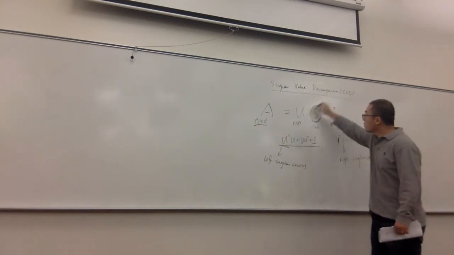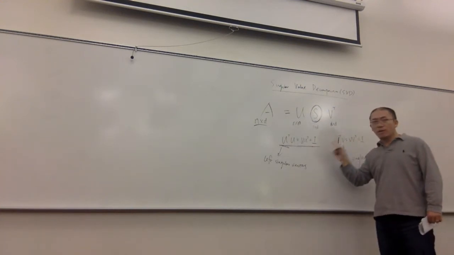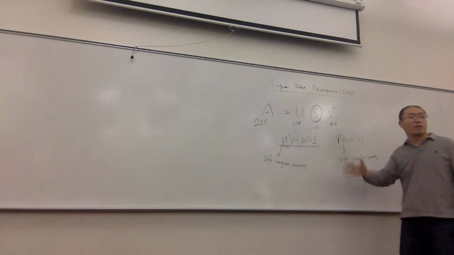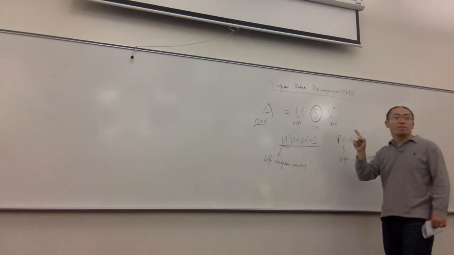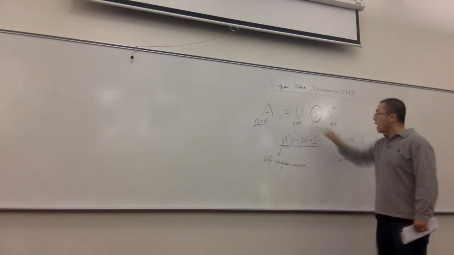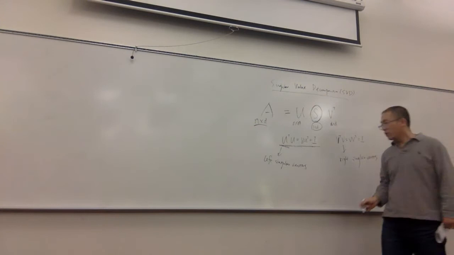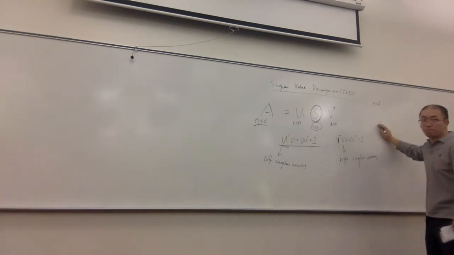Then let us look at the matrix in the middle, S, a diagonal matrix. As the name suggests, diagonal means that all off-diagonal elements are 0. So what if n is not equal to d? First we know S is an n by d matrix. Let us simply assume n is bigger than d.